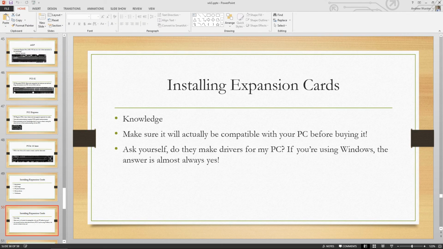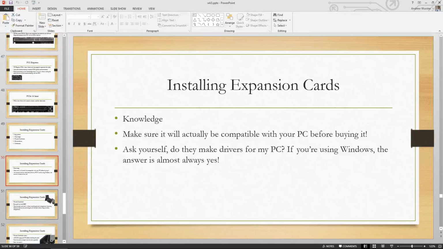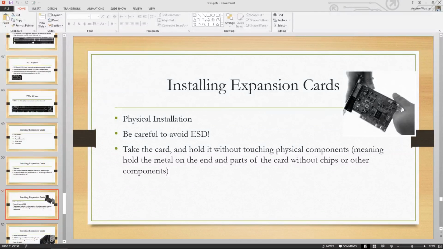Or you just open it up, and if you have enough knowledge, you know what each card looks like, and they only fit in the slot they're designed to fit in. Worst case scenario, you sit there with the card and it doesn't fit in any of them, so you don't even need to look it up really. Most of them aren't backwards compatible, so you don't have to worry about that. But if you're buying it, you won't know until you get it, so research is important.